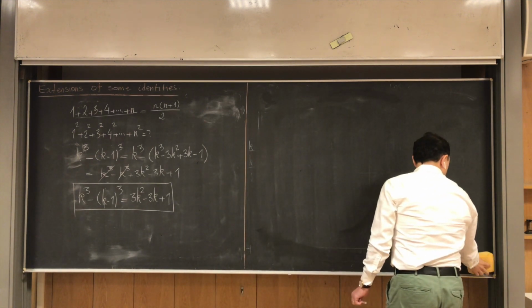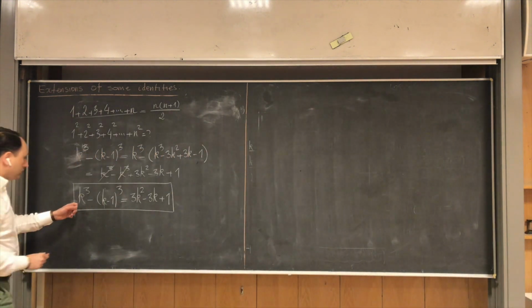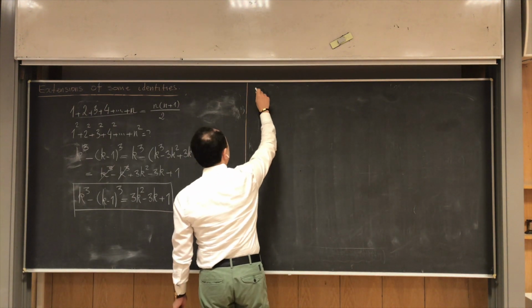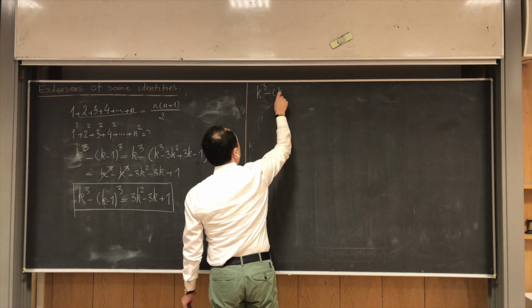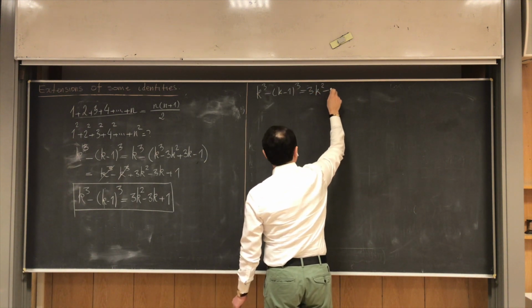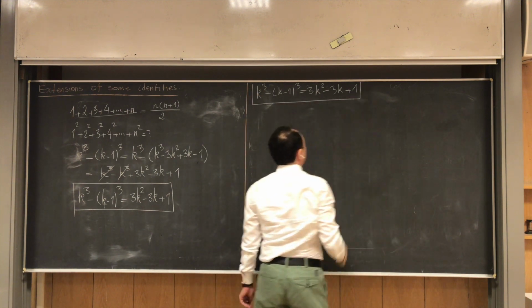How? Here I want to use this formula. So if you don't mind, let me write the formula here on top in front of our eyes. Okay, so this is my starting formula.